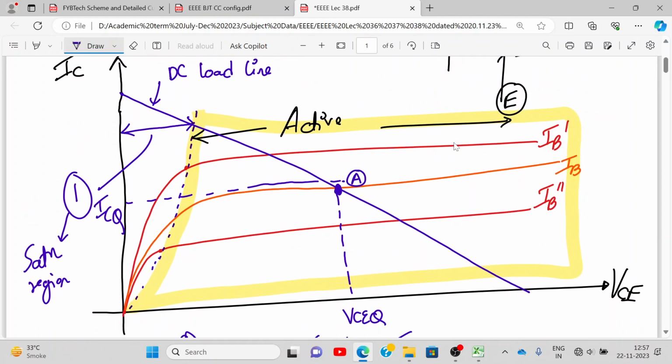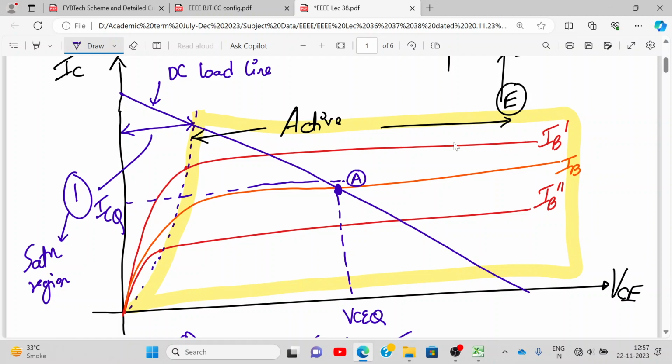See here, everyone. There are many points for VCE. There are many points for IC. But only those points inside this yellow color box are valid for the active region. And out of those, at point A, you get an optimum point, which is the Q point. The intersection of the DC load line and output characteristic is my Q point.